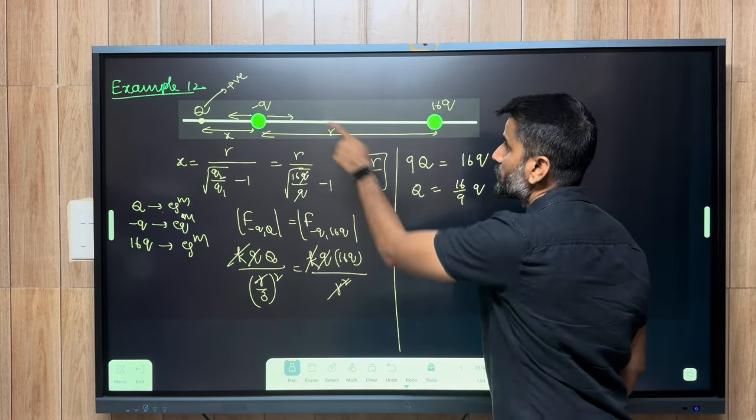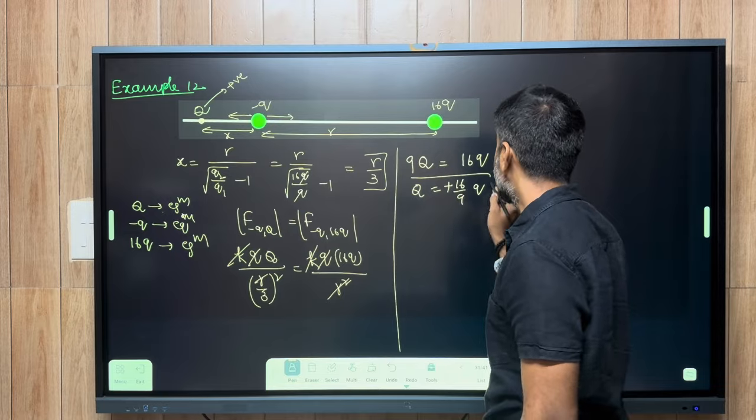As I've already told you, this capital Q is positively charged. I'm introducing the positive sign here.